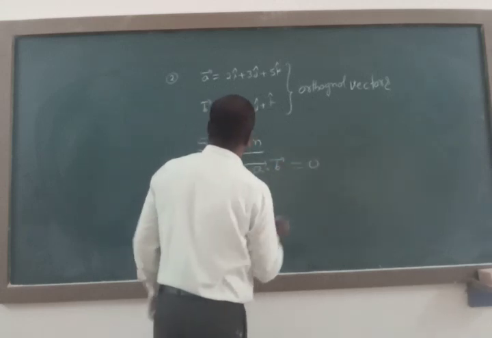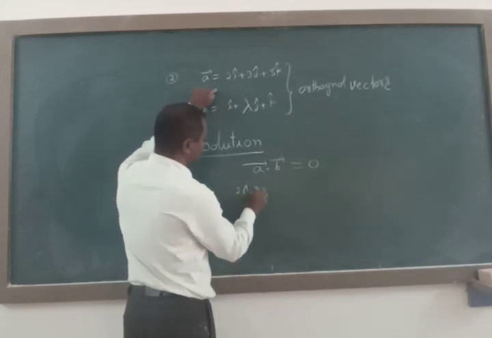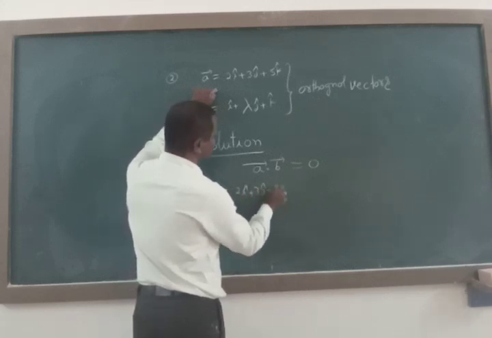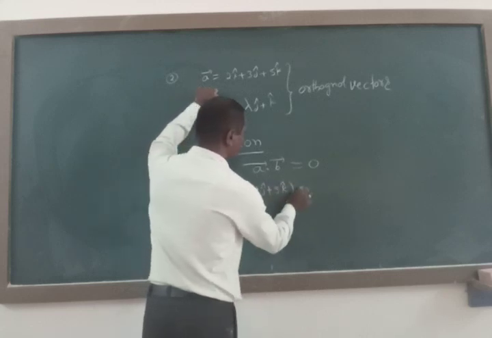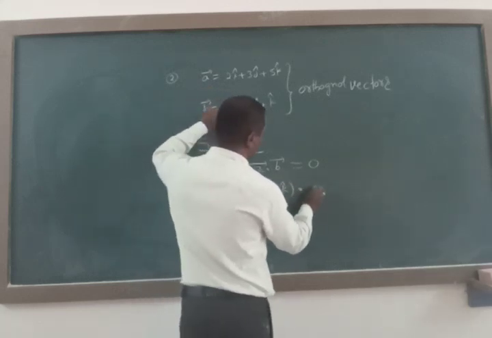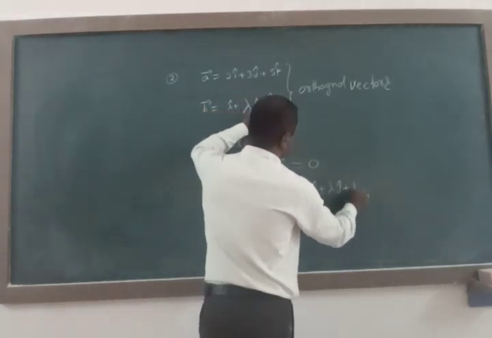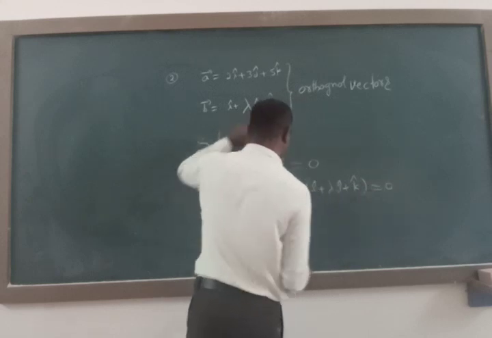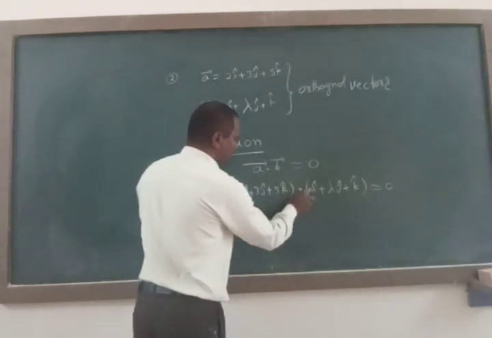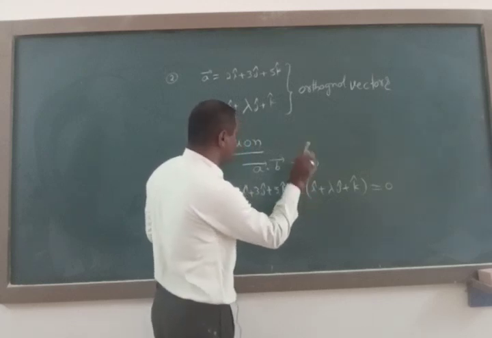A bar is 2i cap plus 3j cap plus 5k cap, dot 1i cap plus lambda j cap plus 1k cap, is equal to 0. 2 into 1, since there is nothing at the side of i cap, we consider the coefficient as 1.